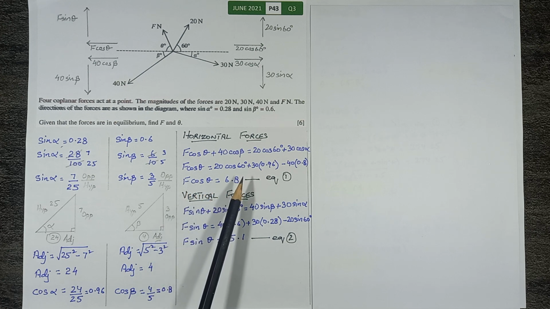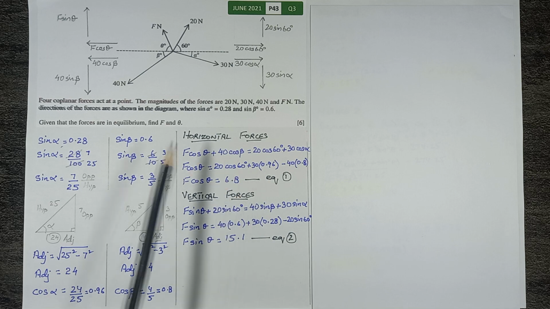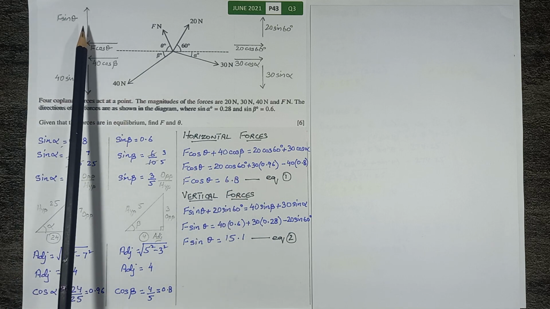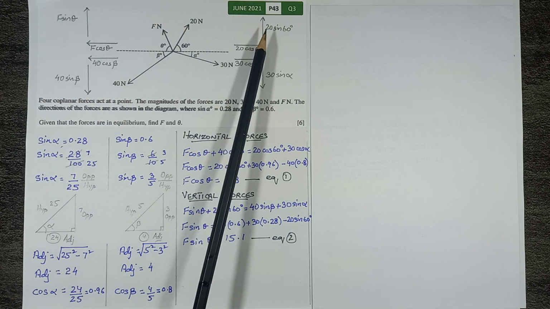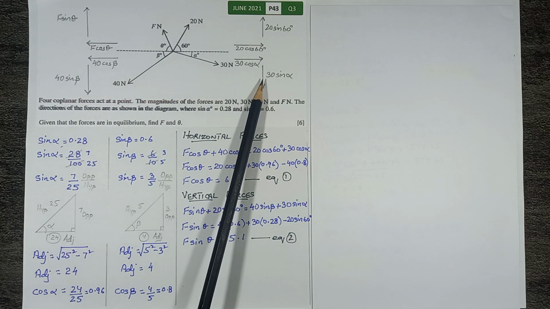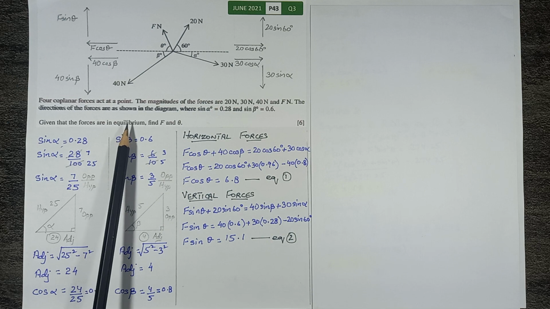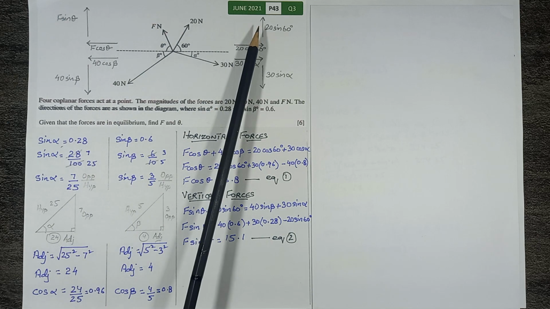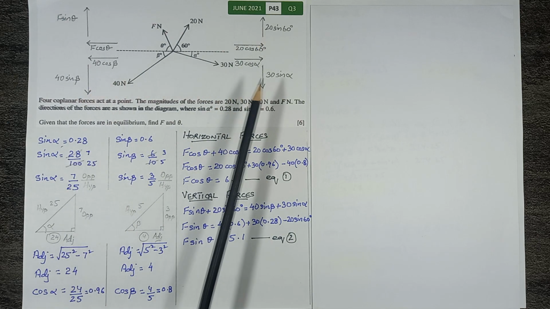The same strategy can be applied to the vertical forces. If we just look at the diagram, we can see that there are two vertical forces pointing upward and two vertical forces pointing downward, because the condition is equilibrium. So the sum of these two would be equal to the sum of these two.